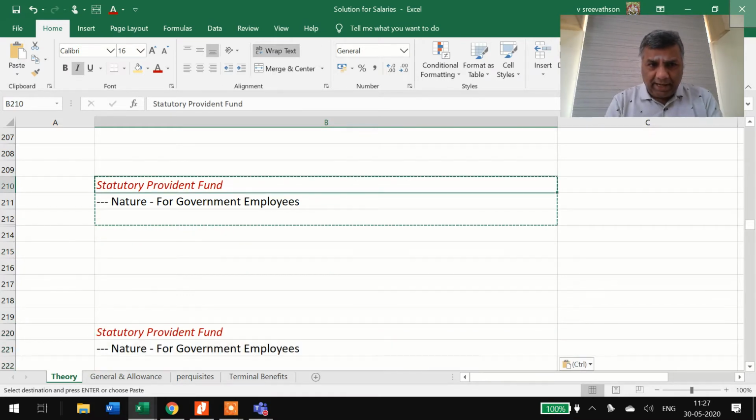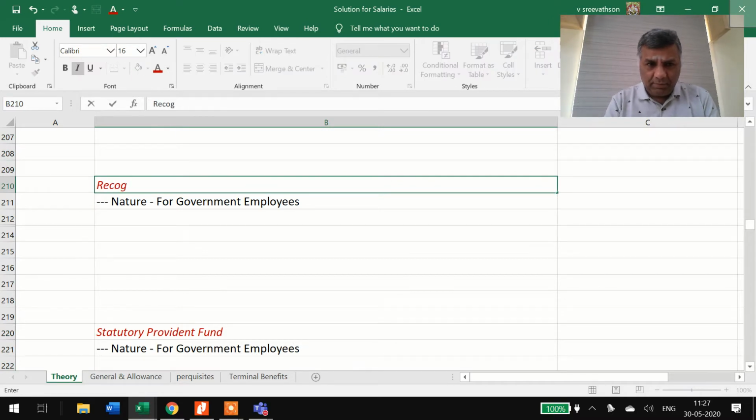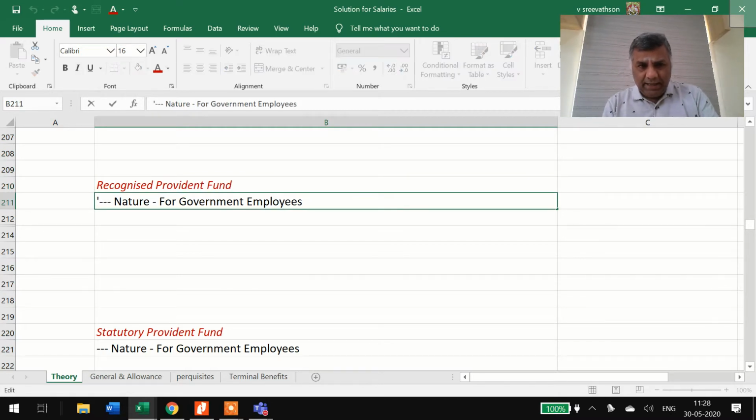In the nature column, in the recognized provident fund, approved by Commissioner of Income Tax.